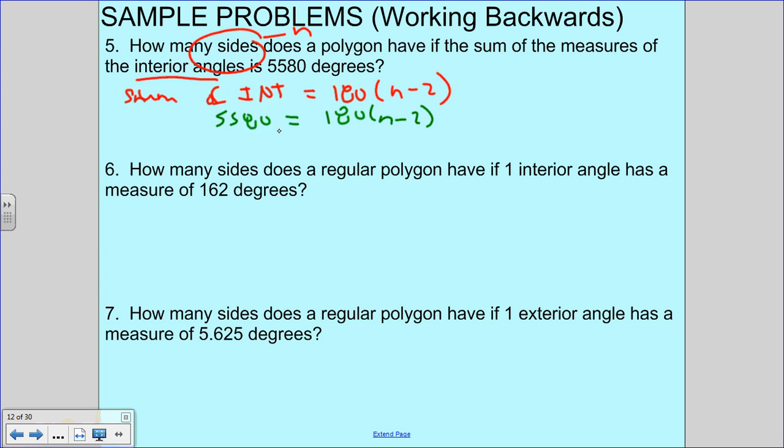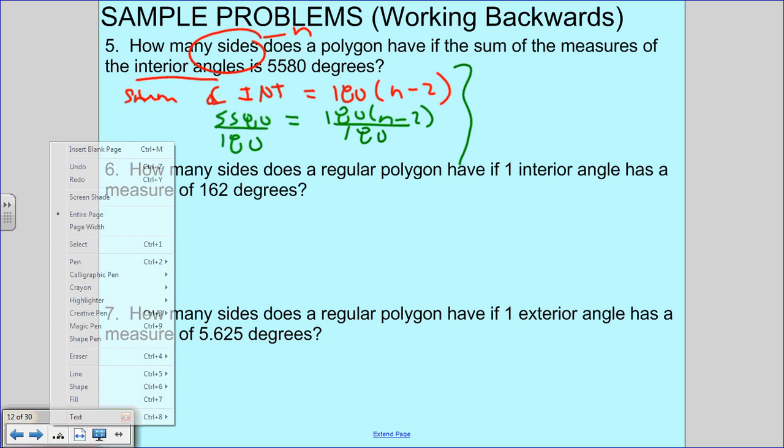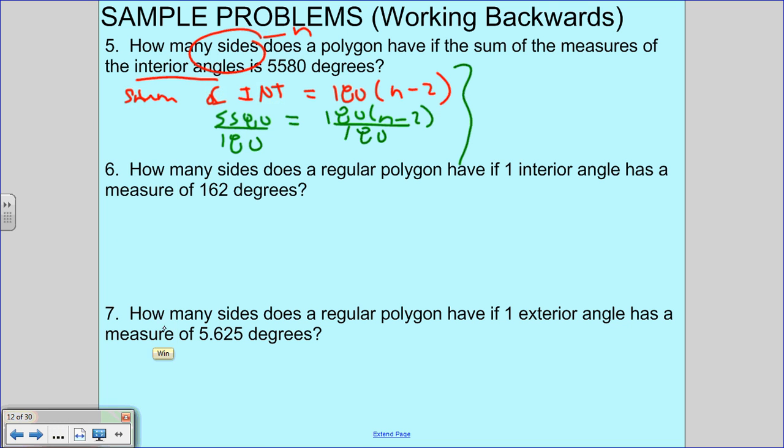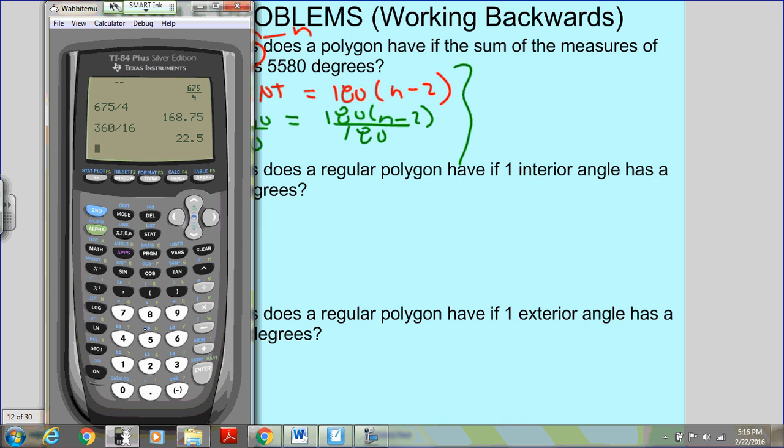Now, there's several ways of doing this. What I would do first is divide both sides by 180. And you're going to get a number. So it was 5580 divided by 180. 31.